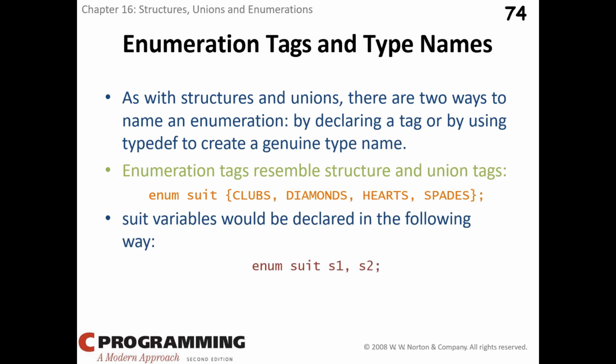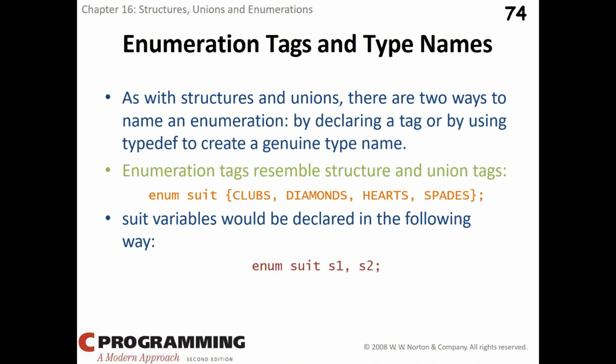So similar to structures and unions, enumerations in C can be named using two methods. First is by declaring a tag or by employing typedef to establish a genuine type name. So enumeration tags follow a structure and union-like syntax. Here we can see the example in our slide here.